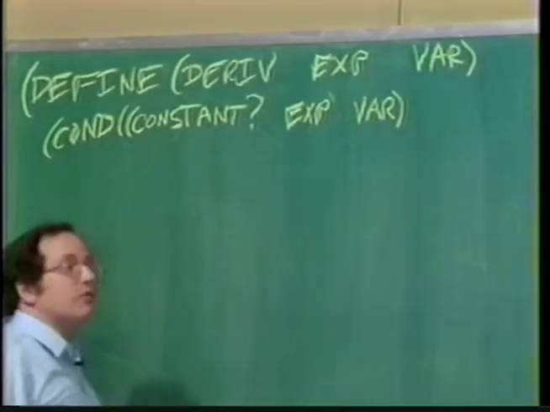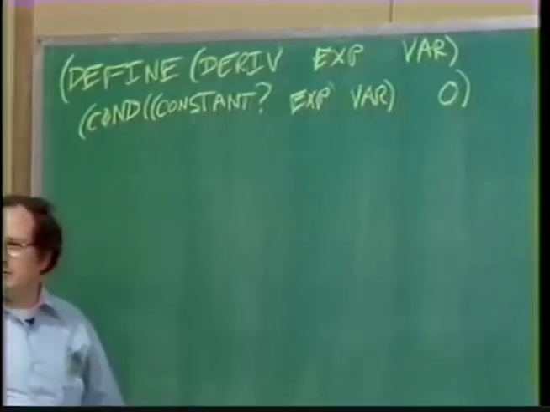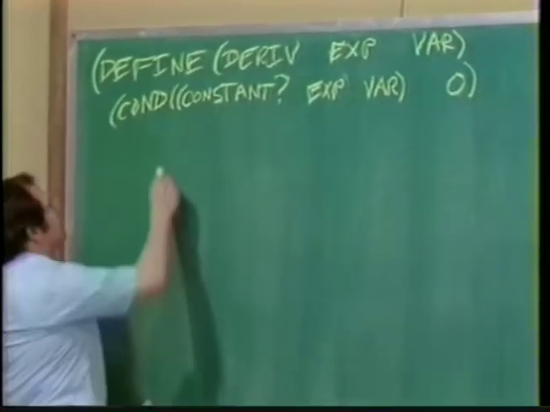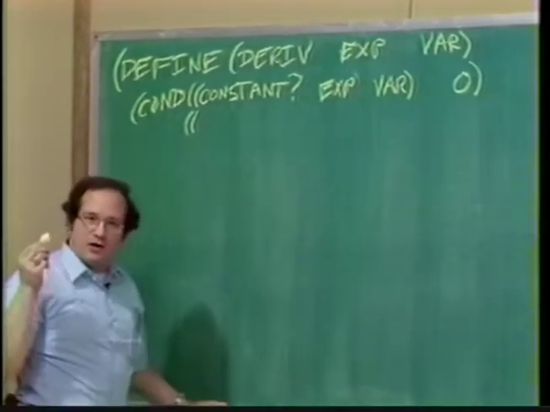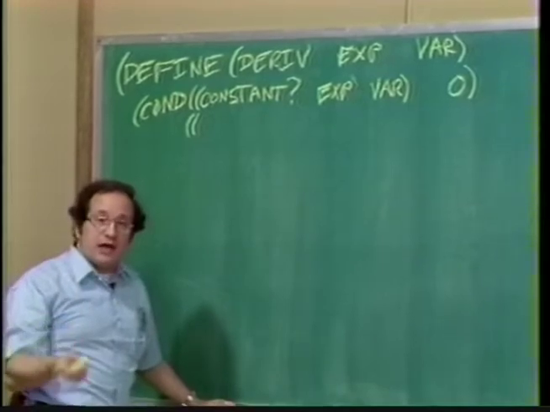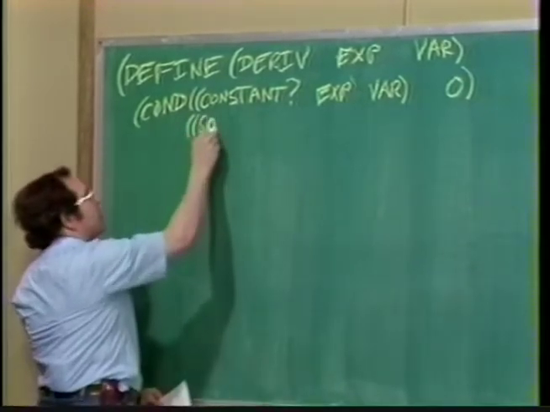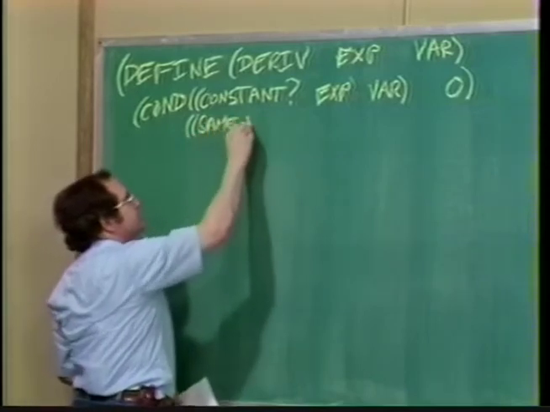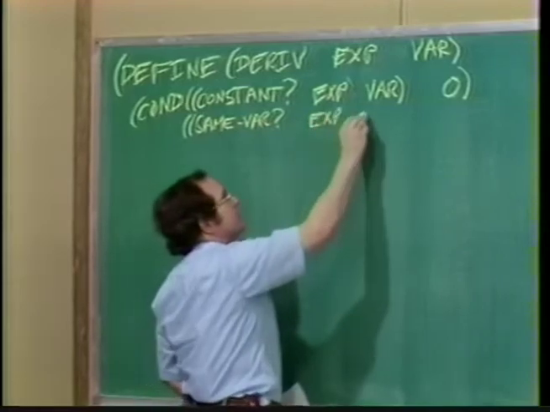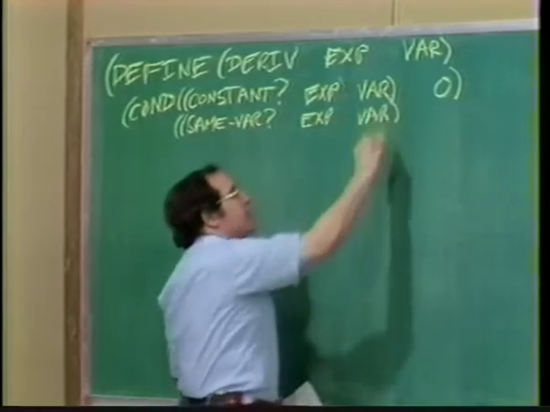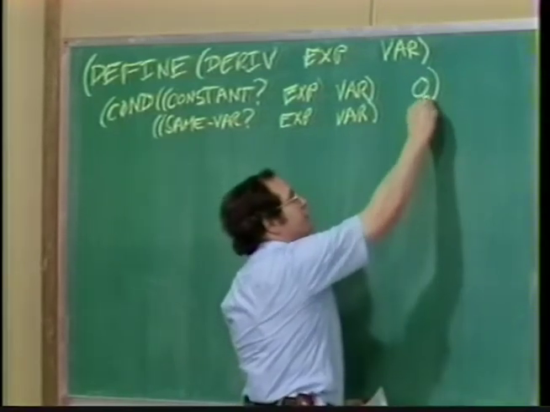If so, the result is 0, because the derivative represents the rate of change of something. If, however, the expression that I'm taking the derivative of is the variable I'm varying, then this is the same variable, the expression var. Then the rate of change of the expression with respect to the variable is 1. It's the same 1.